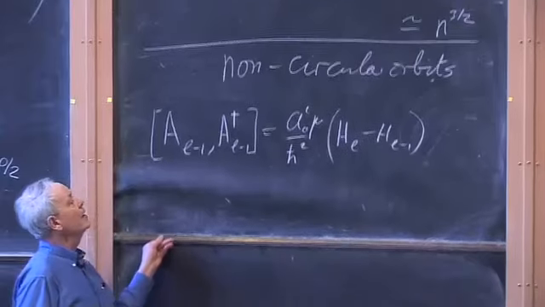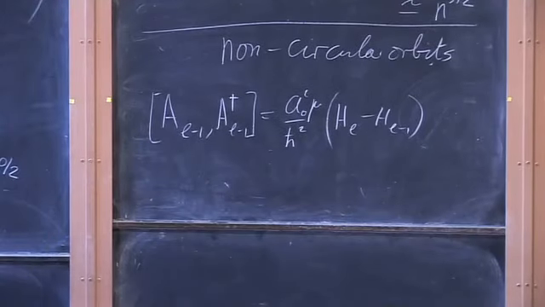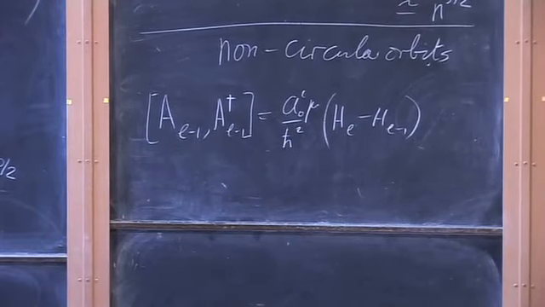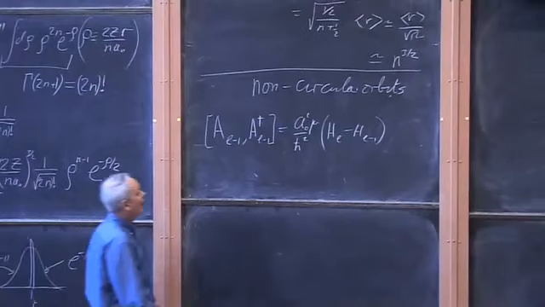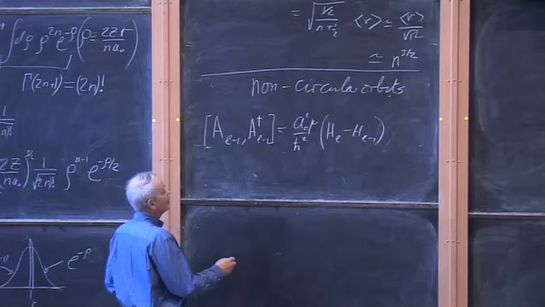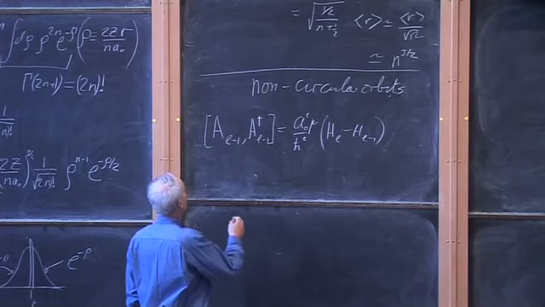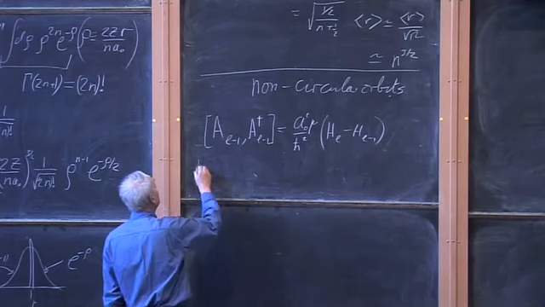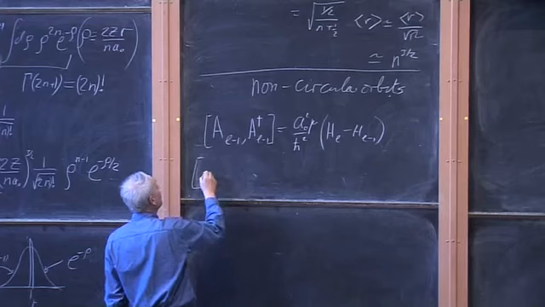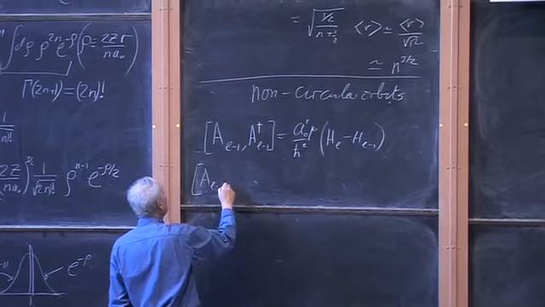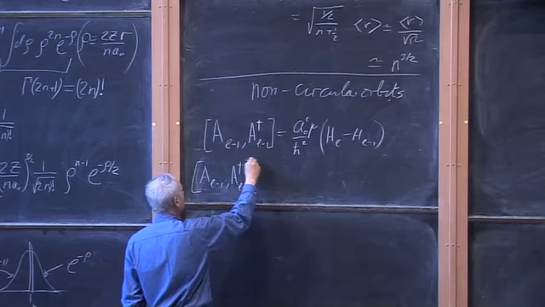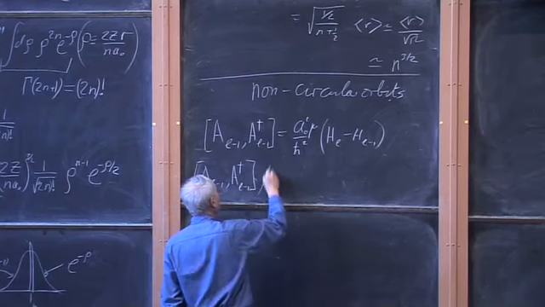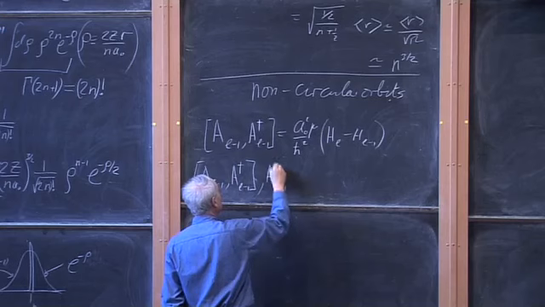Now let me take the dagger, let me commute this entire equation, both sides of it, with respect to AL minus 1 dagger. You'll see why we're doing this when we've done it. So we're going to say that this is AL minus 1, AL minus 1 dagger, commuted with AL minus 1 dagger.